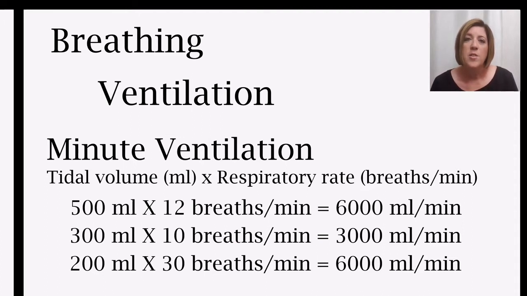Since your nervous system and your muscles are involved with the work of breathing, if you have, say, a medication that your patient's on that can depress the central nervous system, that can cause them to breathe slower or more shallow. If they have a neuromuscular disorder like ALS or MS that's deteriorating the nerves, and so the muscles for breathing aren't working properly.